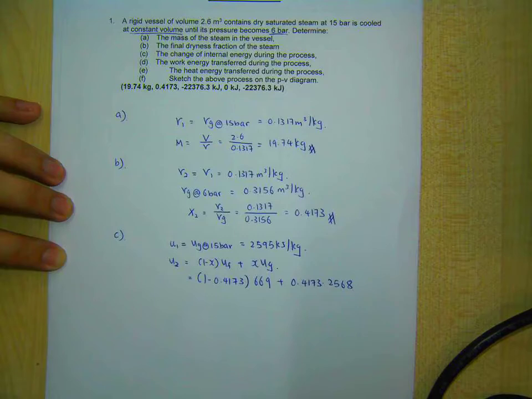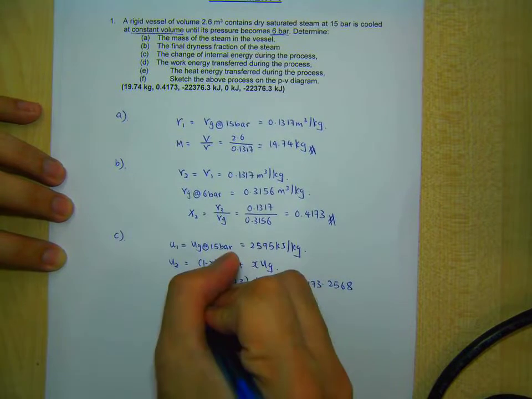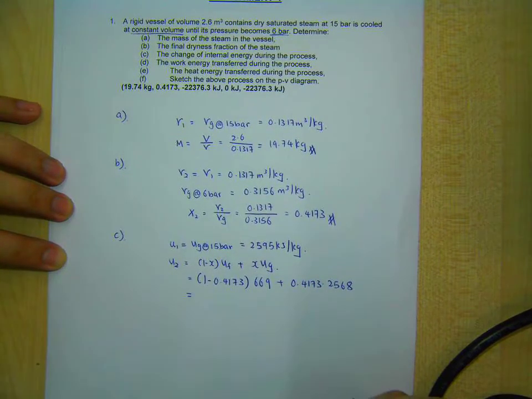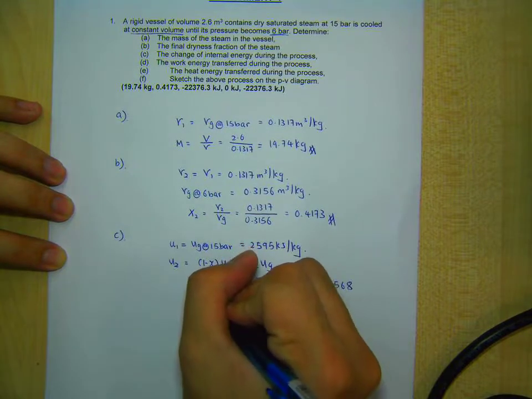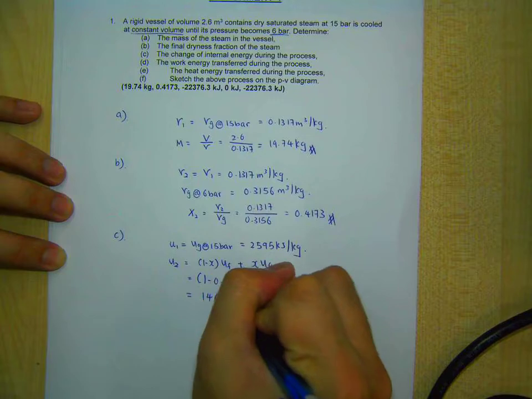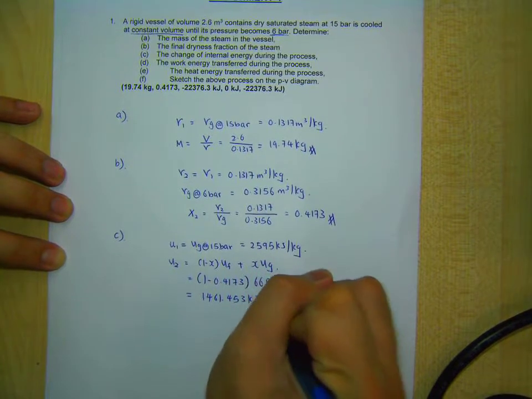Once we have this full equation, we can plug in and find 1461.453 kilojoule per kg.